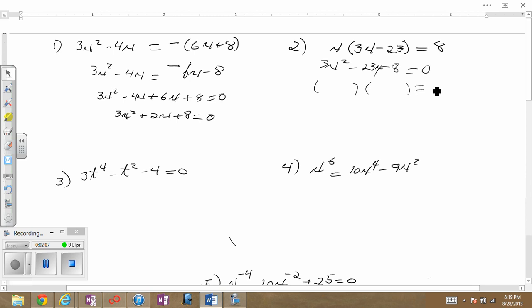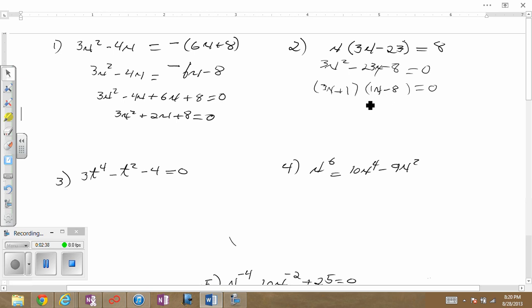Okay, we know it's going to equal 0. 3 is prime, so that can only break up as 3x and 1x. And of course 8. Well, so we've got a minus 8, which means we've got to have a plus and a minus over here. 8 threes are 24, less 1. Yeah, that's probably the combination. I'm going to go with minus 8 here, plus 1.